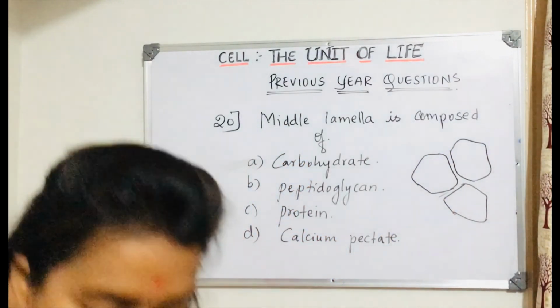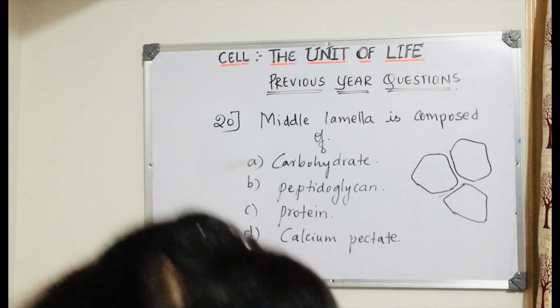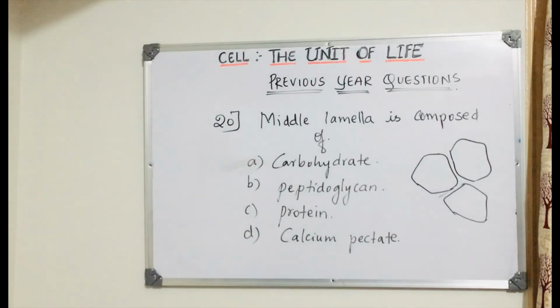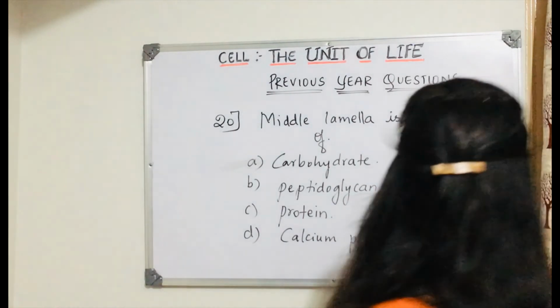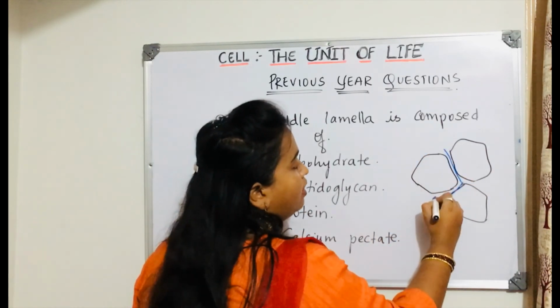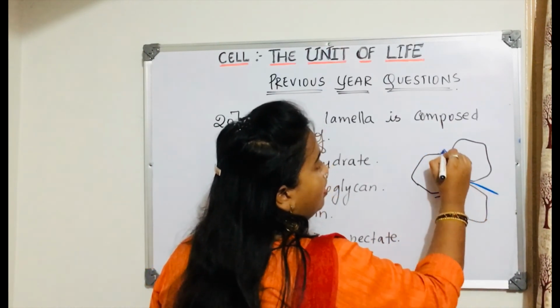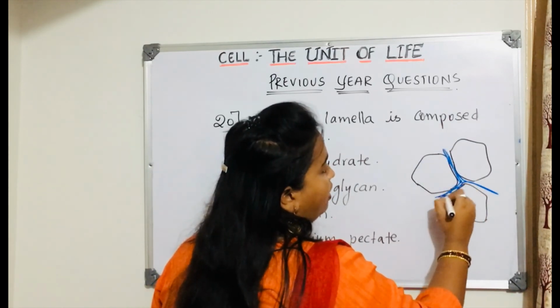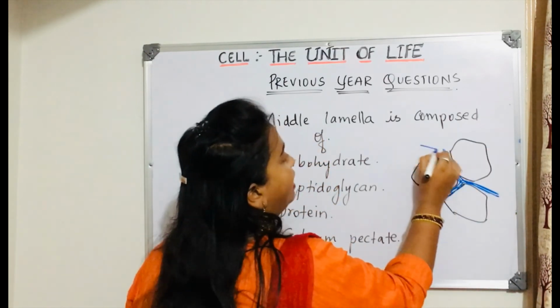Sorry for the disturbance. Okay, which is actually present in between like this. This blue colored structure is what I am drawing. This is called the middle lamella.